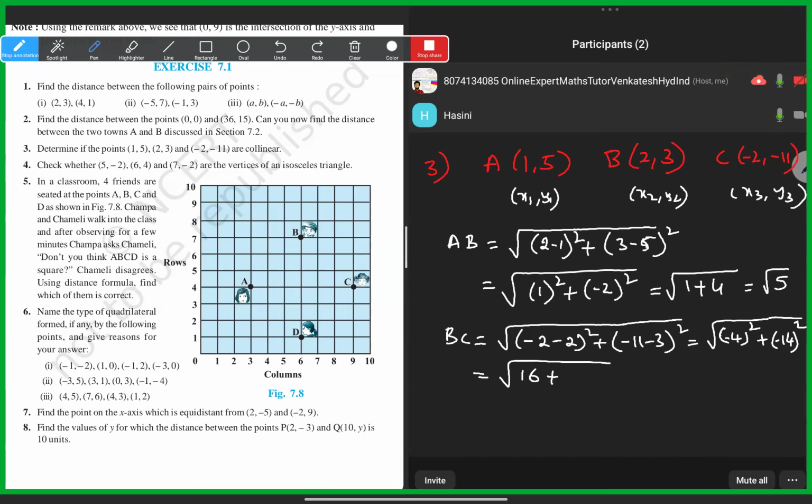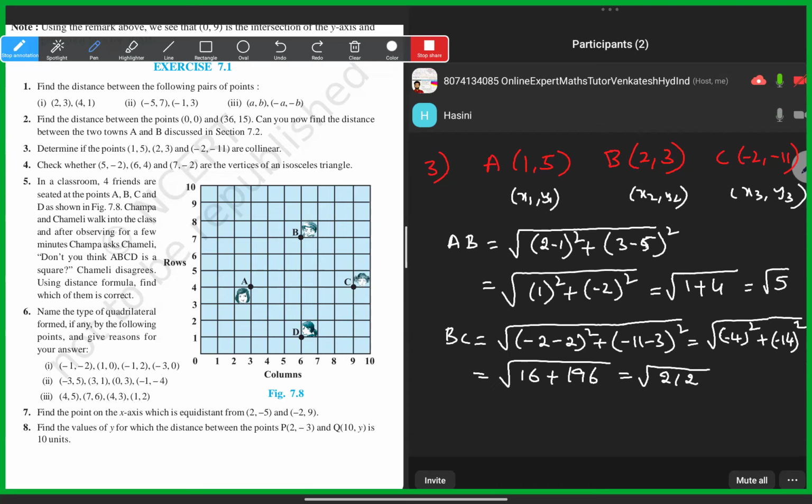Minus 14 whole square is 196, because 14 square is 196. Minus square becomes plus, no? Yes, sir. Yes, Hasni. So 196 plus 16 is 212, Hasni.